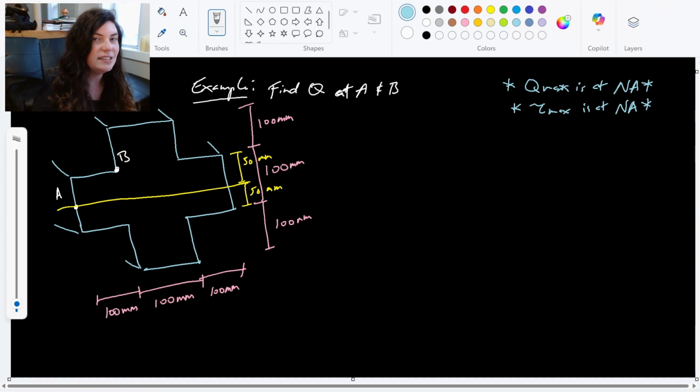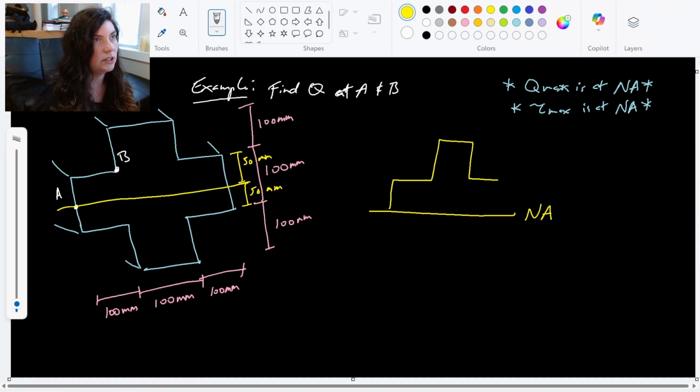The way that we want to go about this is, I think it's easiest to draw yourself a picture. Draw the cross-section again with only that area that you're interested in, only that area above the neutral axis. So for A here, I'd redraw this. All right, here's my neutral axis, and then here is the portion of the cross-section above that.